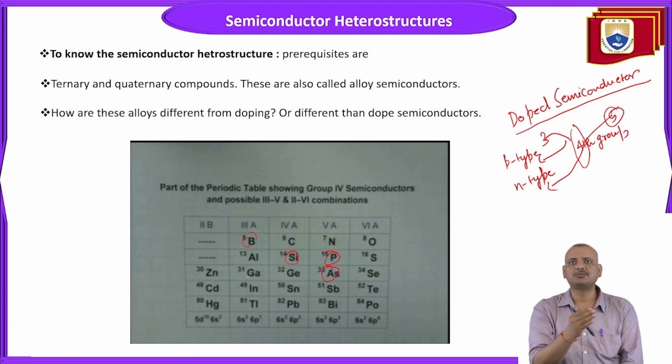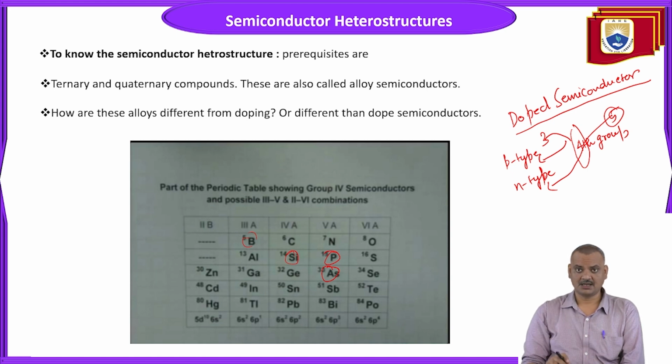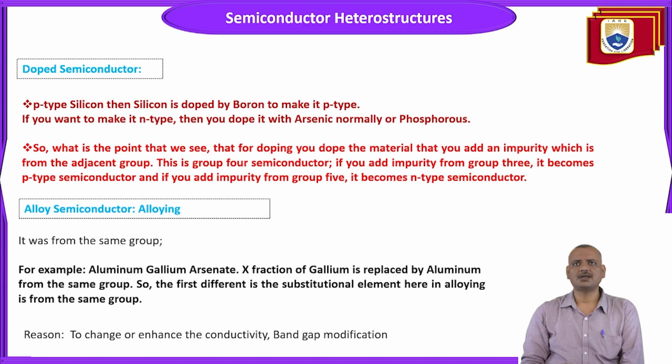Once you dope these elements into silicon, the silicon will behave like an n-type semiconductor. So the point we see is that for doping you add an impurity from the adjacent group.